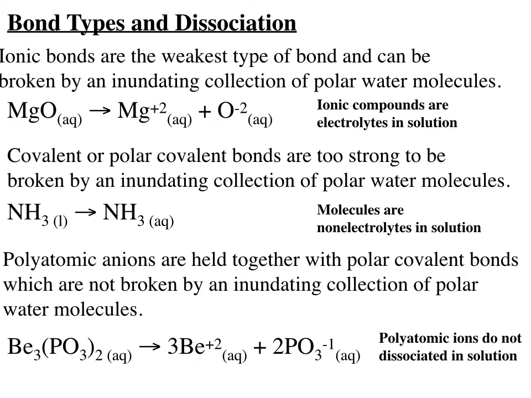It can pull the cation loose, as we see here, but it can't break the polar covalent bonds in the phosphite that I'm showing at the bottom. So the phosphite remains intact molecularly.